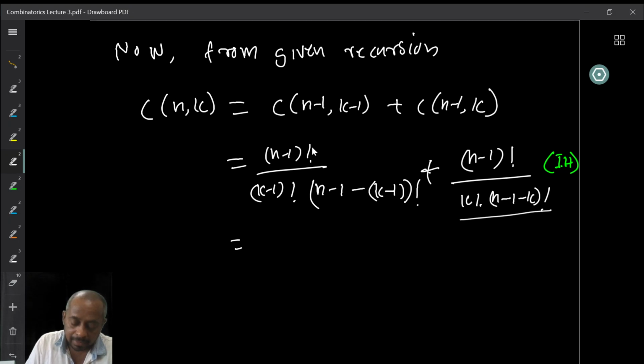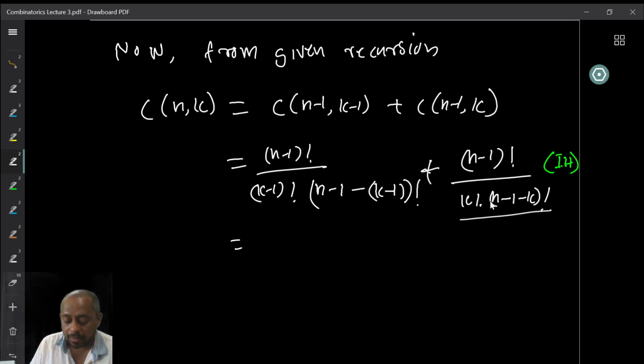So if you multiply on the left side the numerator and denominator by k, we will get k minus 1 factorial becomes k factorial, and on the right-hand fraction, multiplying above and below by n minus k, we will get below k factorial into n minus k factorial, right?